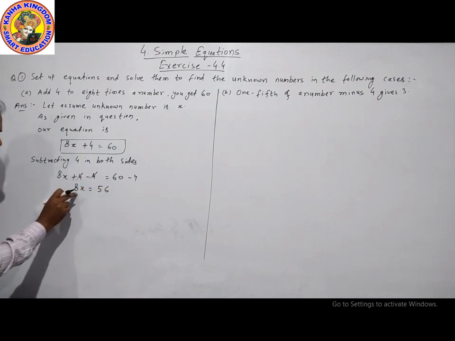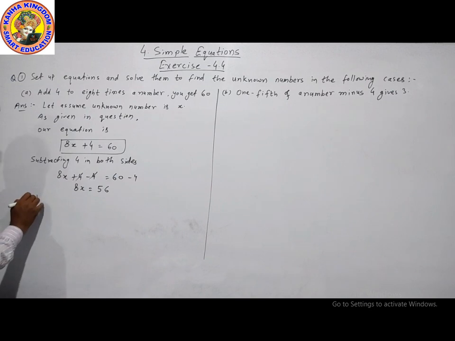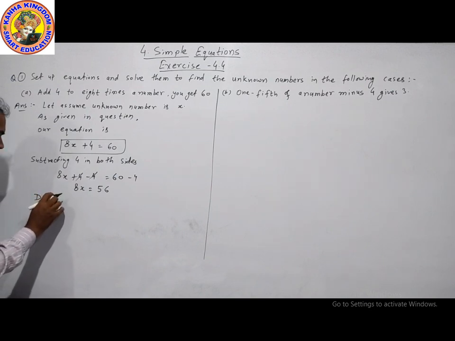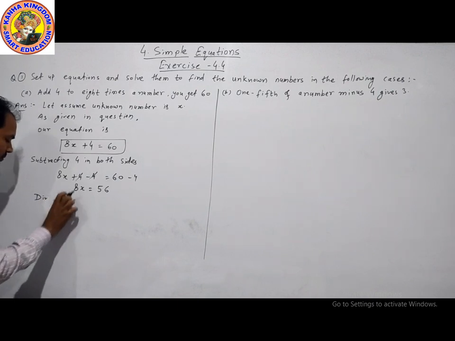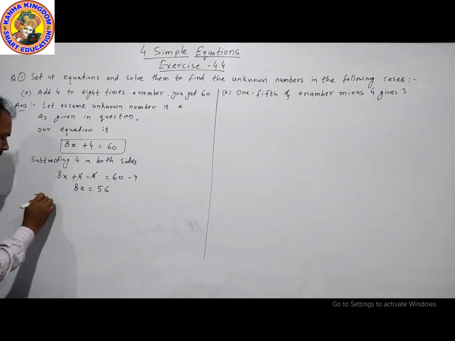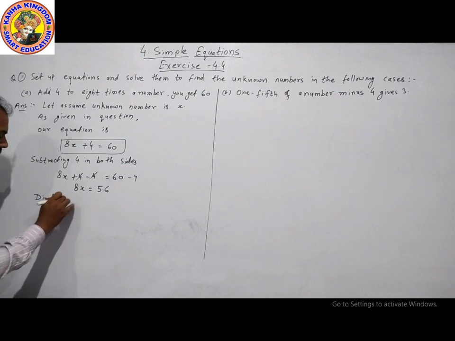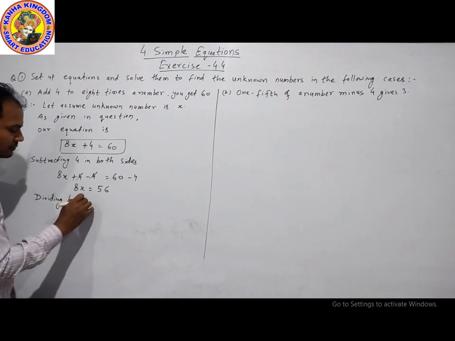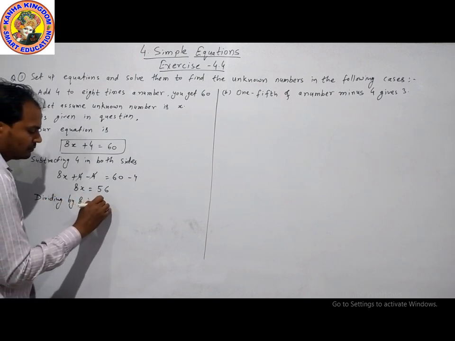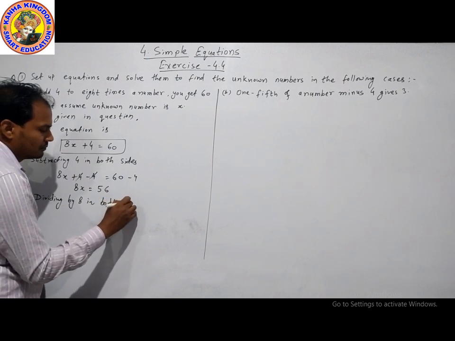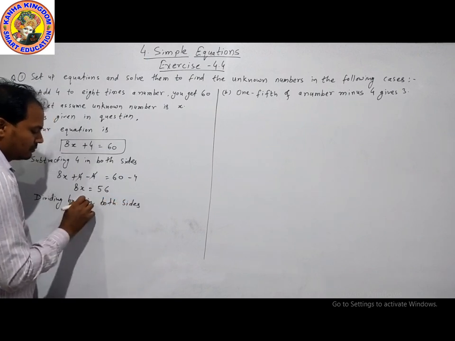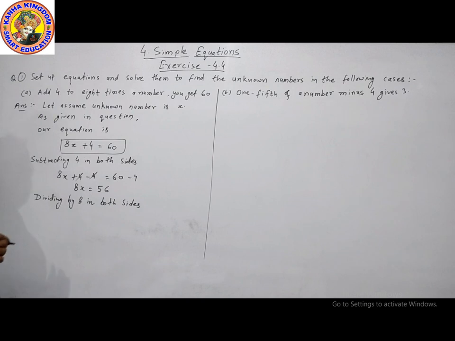Now here is multiply by 8, so we will divide by 8. Dividing by 8 on both sides.